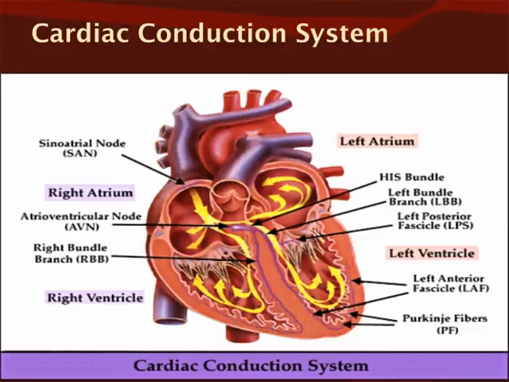It splits into the right and the left bundle branches, going down into the ventricles and finally down to the Purkinje fibers. It's a combination of the impulse as it passes through the bundle of His, the right and left bundle branches, and the Purkinje fibers. Together, their impulse is what actually causes the ventricular contraction.